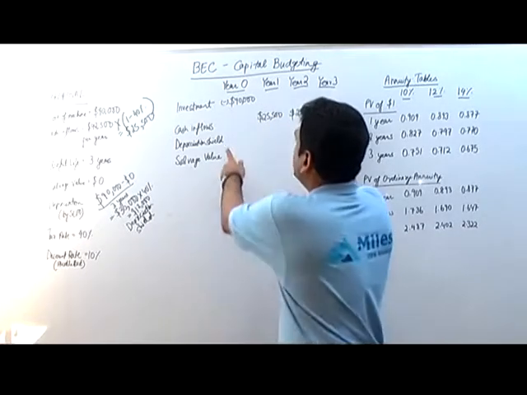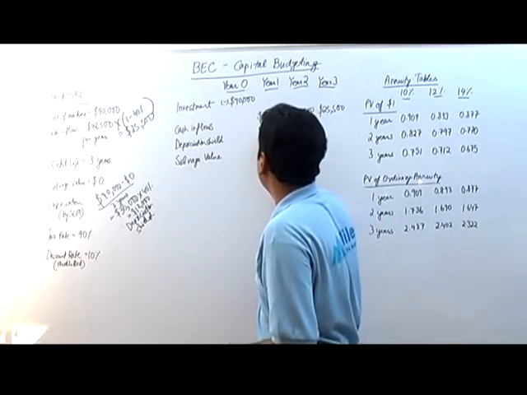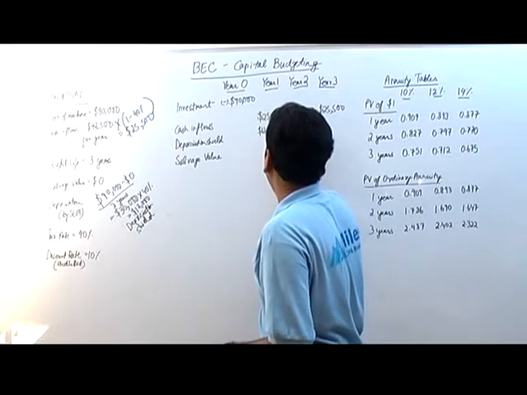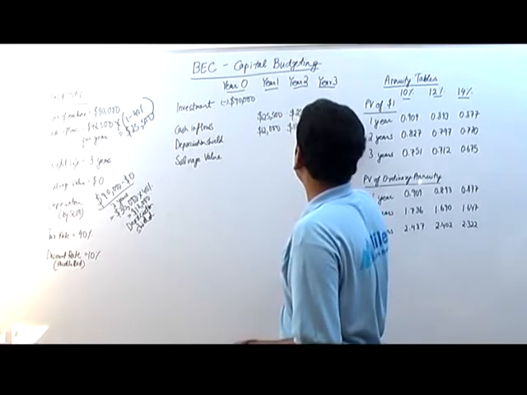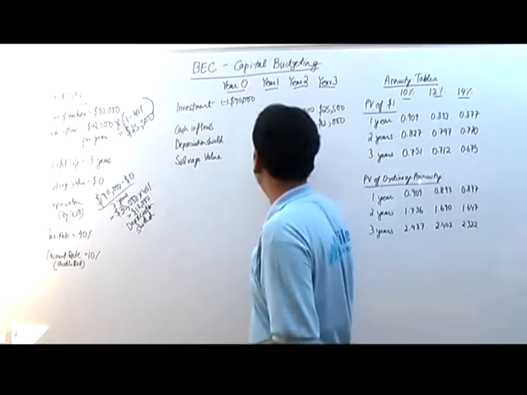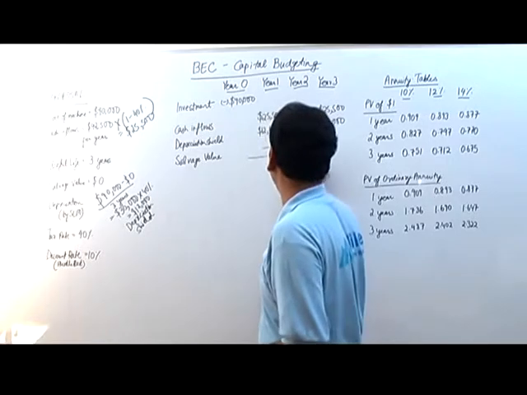Next, we'll talk about the depreciation shield. As we calculated here, we are going to save 12,000 each year on the tax benefits of depreciation. Salvage value, as we know, is $0 at the end of the machine's useful life.